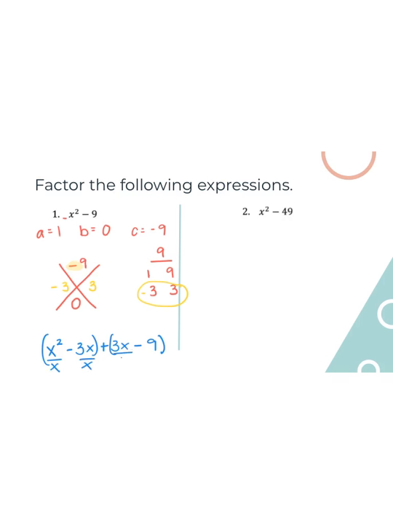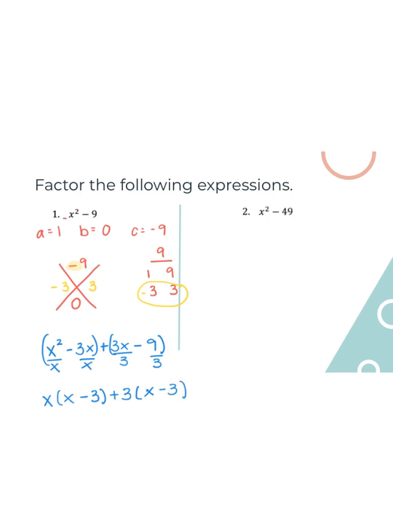And 3x and 9 both have a 3 in common, so I'm going to take a 3 out of both of those. Put my x out front. x squared divided by x, I'm just left with x, minus 3x divided by x, I'm just left with a 3, plus, I put my 3 on the outside, start a new set of parentheses, 3x divided by 3, I'm just left with my x, and negative 9 divided by 3, I'm left with a negative 3.